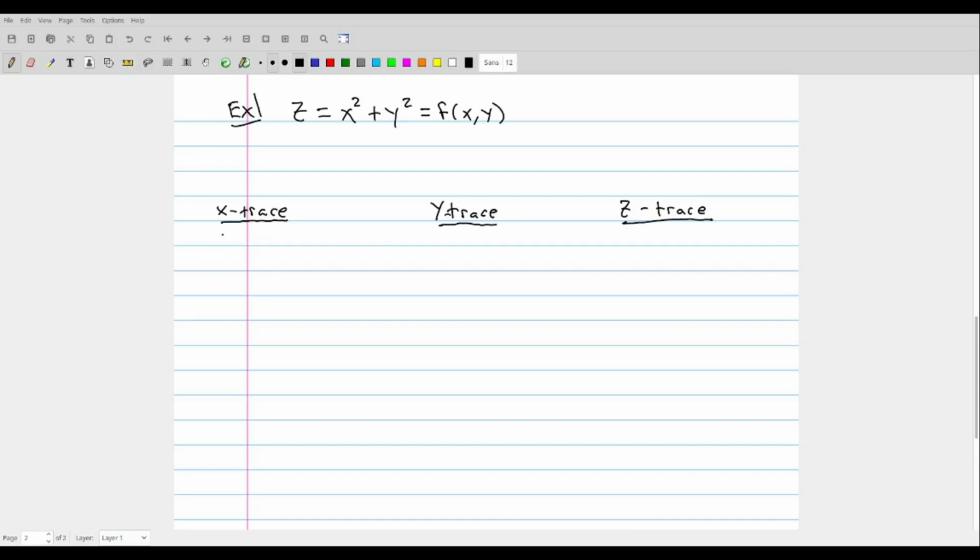So the x-trace is what we get when we fix various values of x. So fix x equals c, say, and when we do this, we get the equation z is equal to c squared plus y squared.